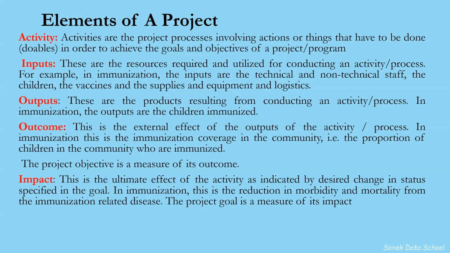So remember, output is the immediate result of conducting an activity, while outcome is the medium term result that we get. For example, when we are conducting an activity of immunization of children, the number of children immunized is the output. The immunization coverage is the outcome.